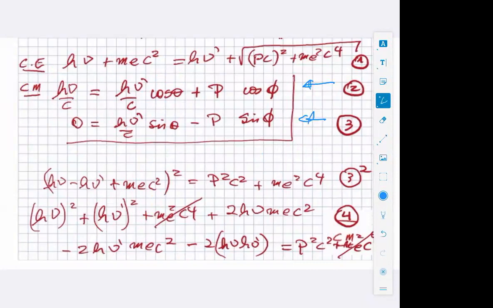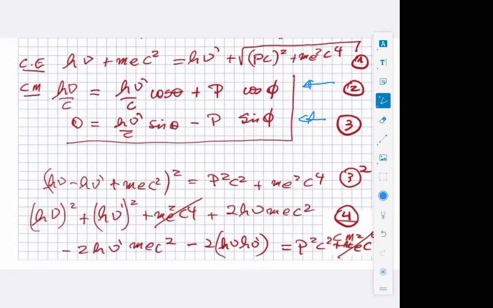I looked at this expression for a while and asked, what do I want? I want to write the variables at the end in terms of the variables at the beginning, and I don't even care what happens to the electron. I'm only concerned with what happens to the photon.